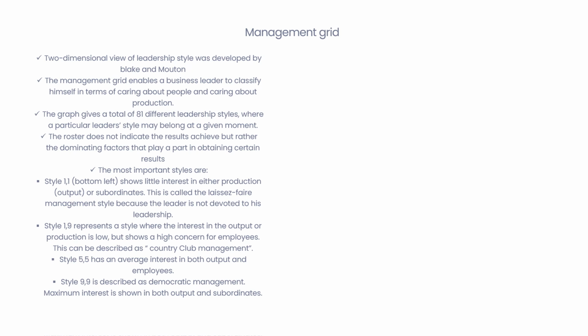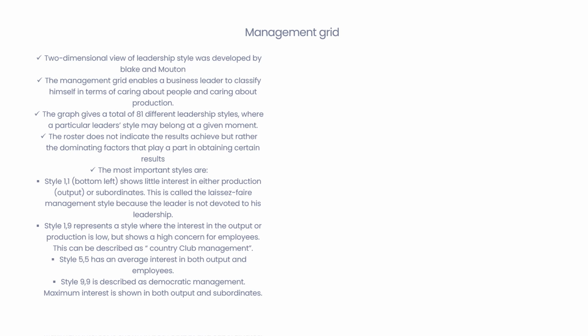Now here, unlike others, they were not seeing the maturity of people. When they say you have to care about the people, then they also care about production. The grid gives a tool of 81 different leadership styles.